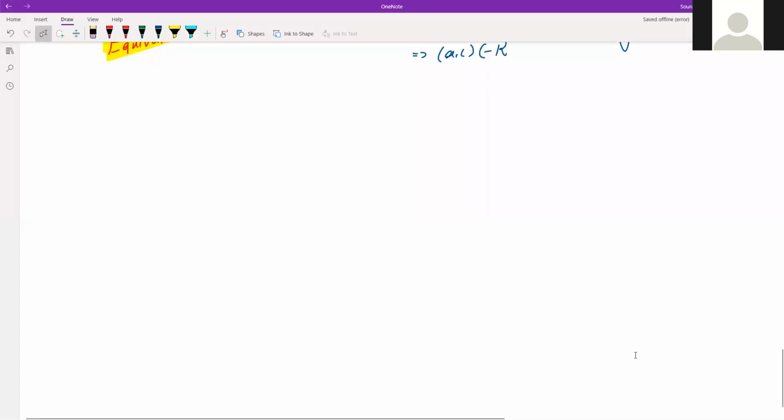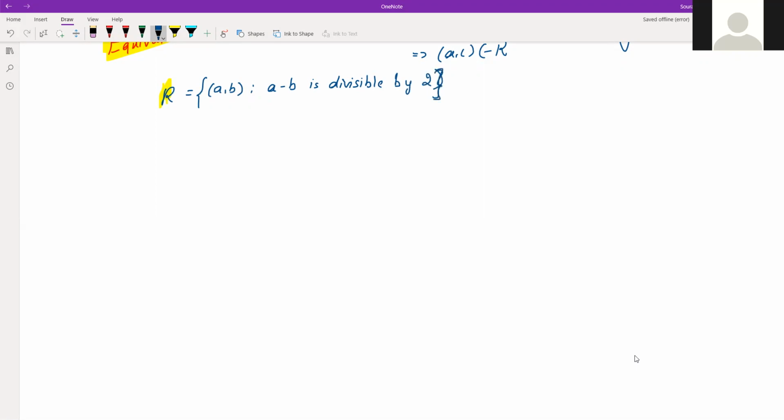Equivalence relation in the above example. What was the relation? The relation was that it contains ordered pairs (a, b) such that a minus b is divisible by 2. And if we list out the elements, what will that be?